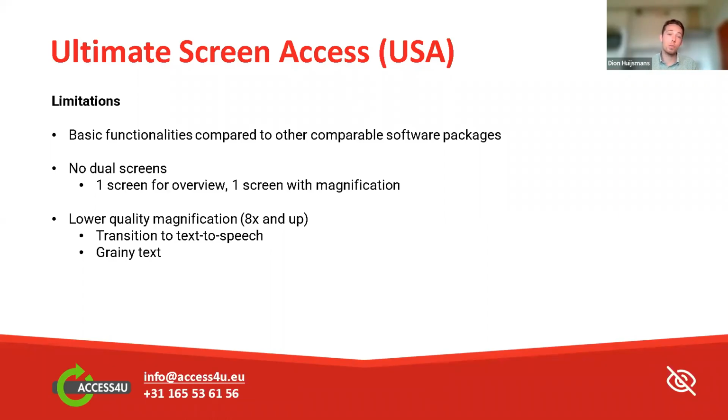Also, because we want to leave the system requirements on a rather base level, there is a lower quality of magnification. If you go, for example, to 8 times magnification or up, you see that the letters become a little bit grainy. However, it would be possible to round off the letters to make them appear less grainy.